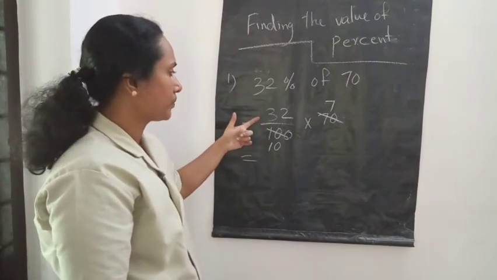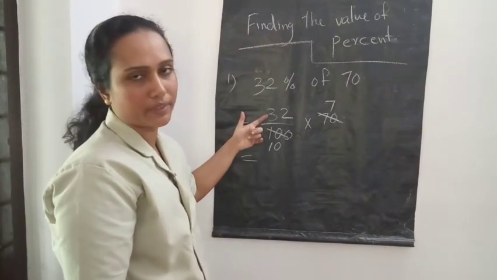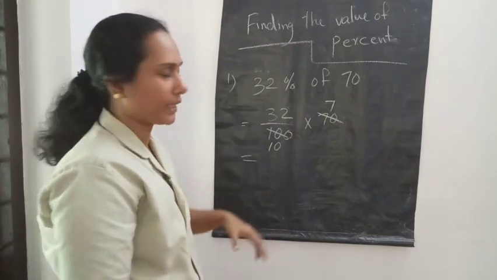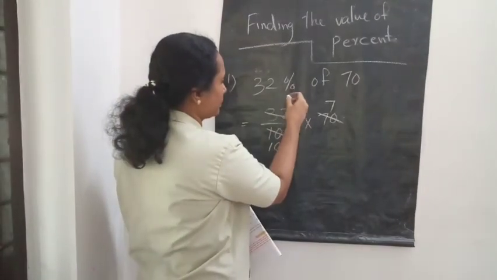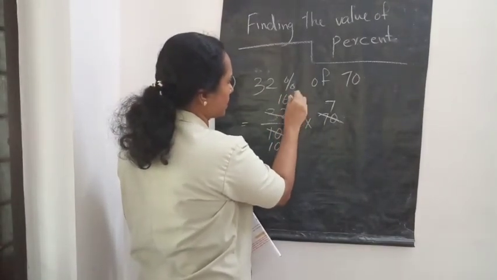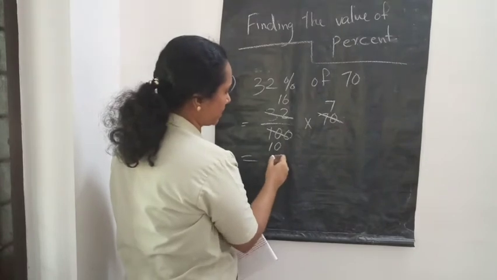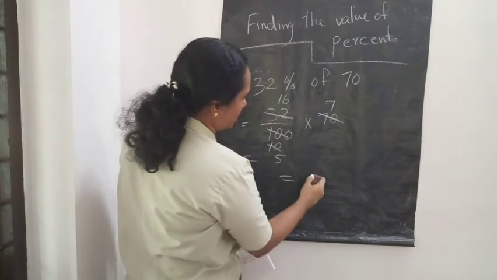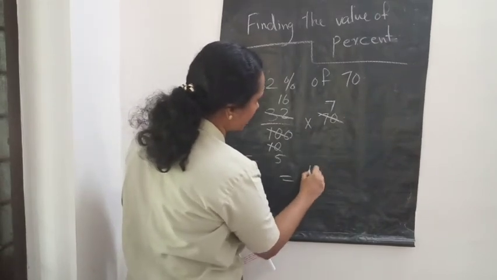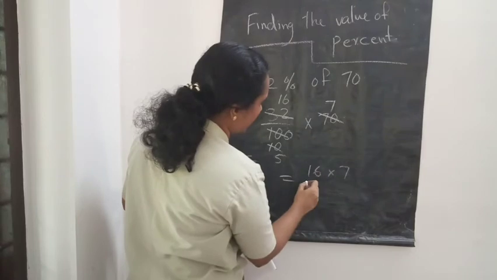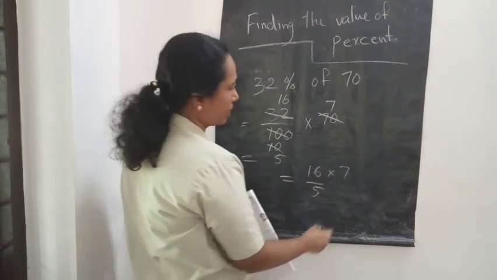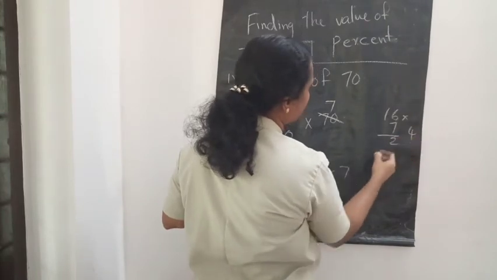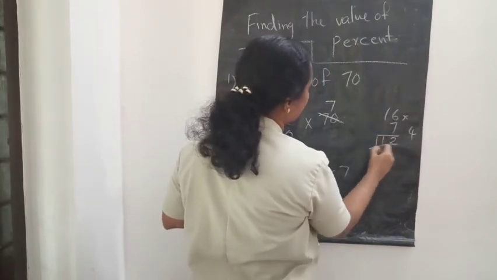Next, again we can simplify this. Here 32 and 10, both have 2 as a common factor. Then in 32, 16 twos are 32. Here 5 twos are 10. Then the remaining numbers are 16 into 7 by 5. 16 into 7 is 6 into 7, 42, then 1 into 7 plus 4 is 112.